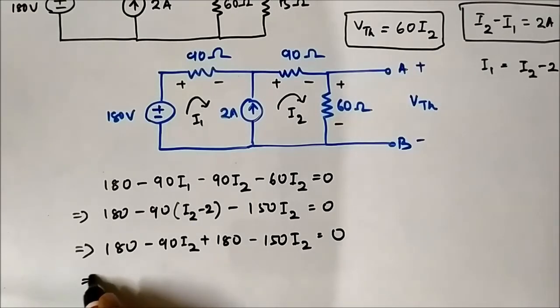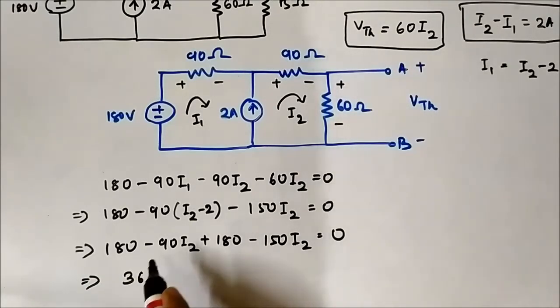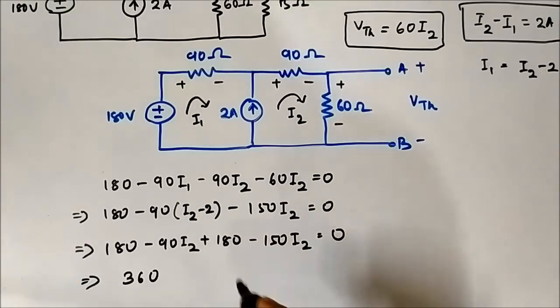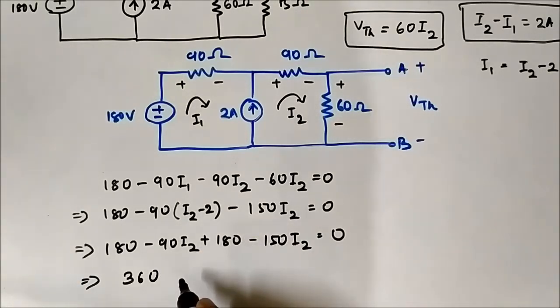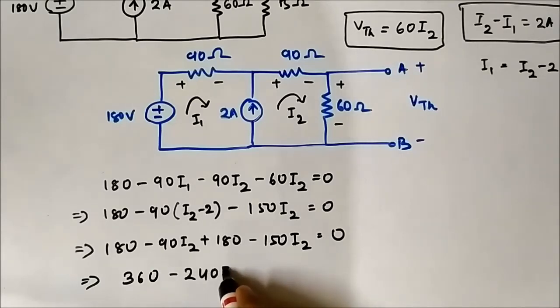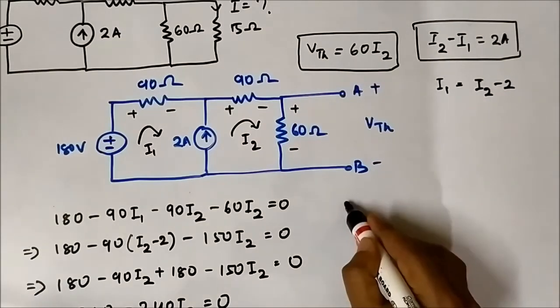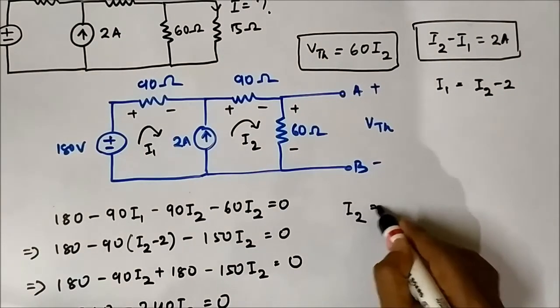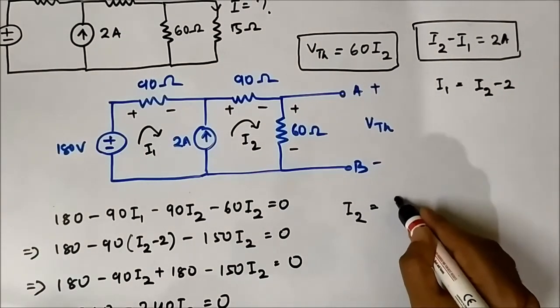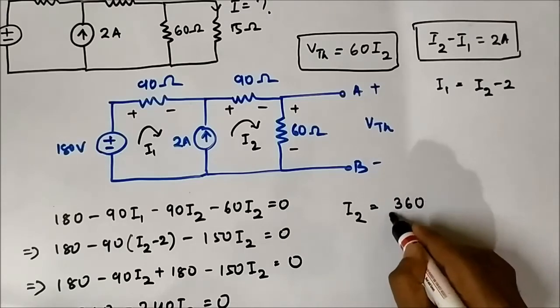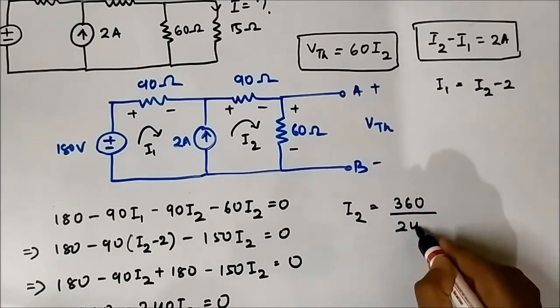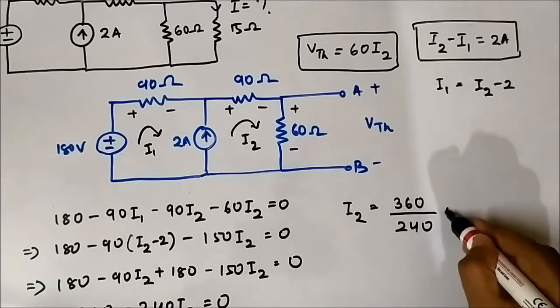That implies 180 plus 180 is 360, minus 90 and 150 is 240, so 360 minus 240 I2 is equal to 0. That implies I2 is equal to 360 by 240 ampere.